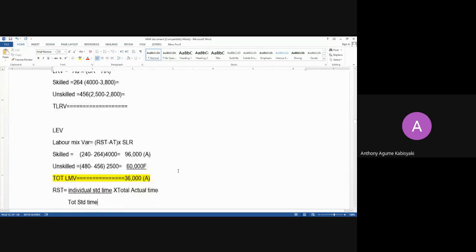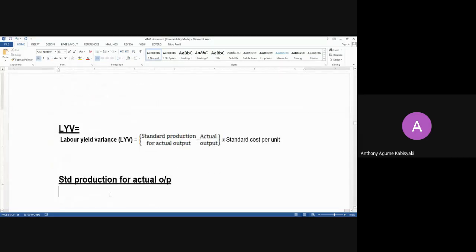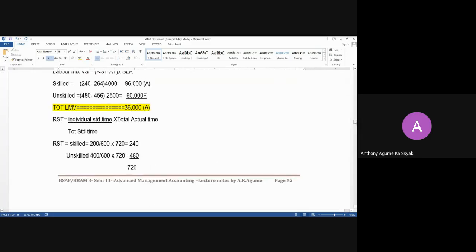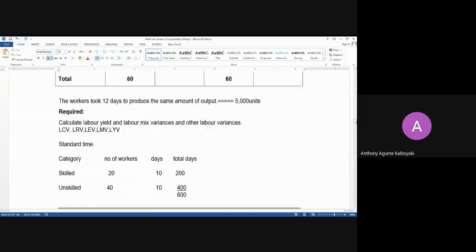Then times the total actual input. What is the total actual?